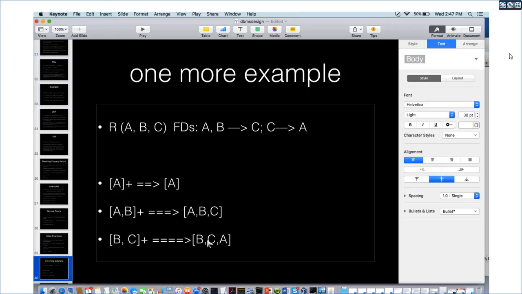So you have two candidate keys. Is there any other key other than these two?